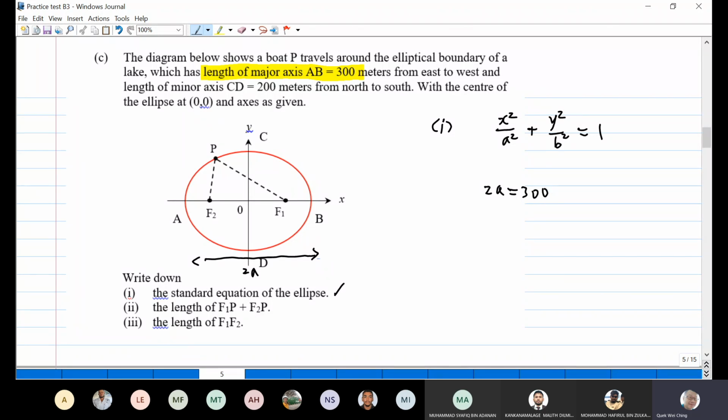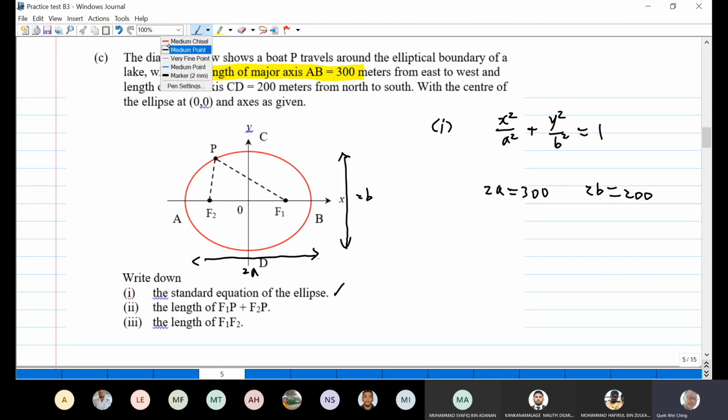The length of major axis is 300 meter from east to west, right? The length of minor axis CD here is called 2b. So 2b is equal to 200. So what does it mean now?